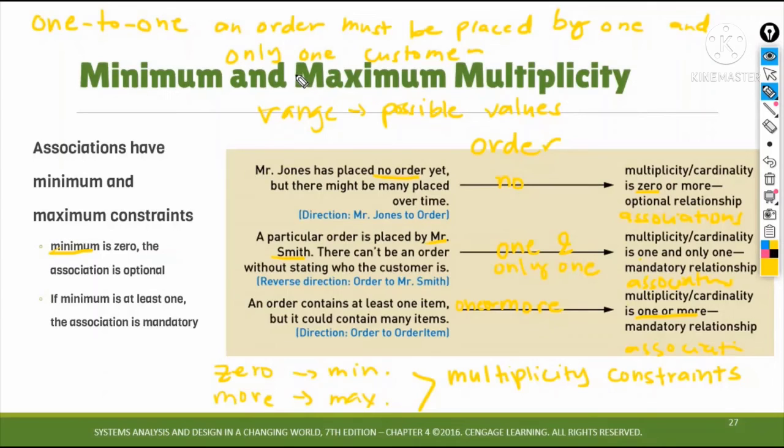So the associations described here are between two different types of things, for example, a customer and an order. So these are called binary associations. Sometimes an association is between two things of the same type.